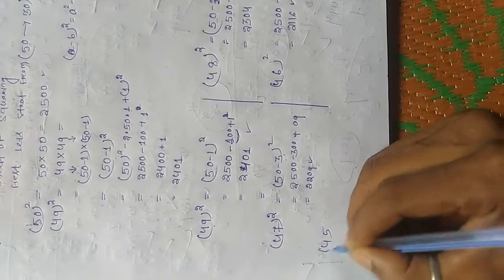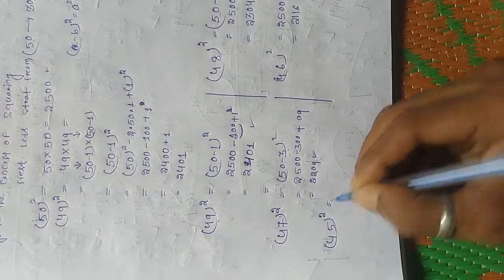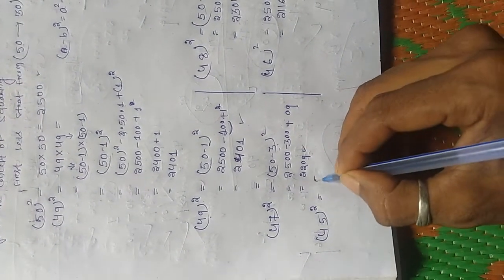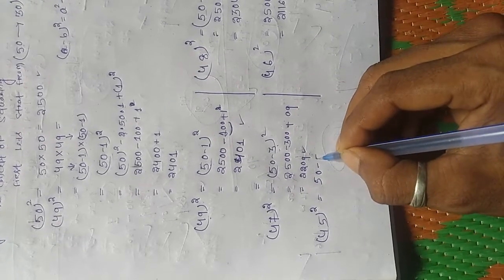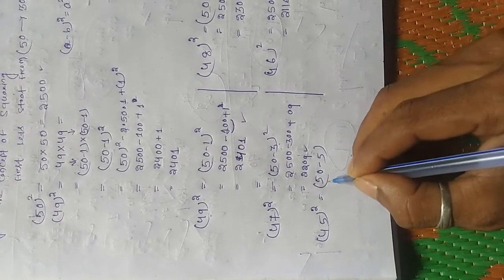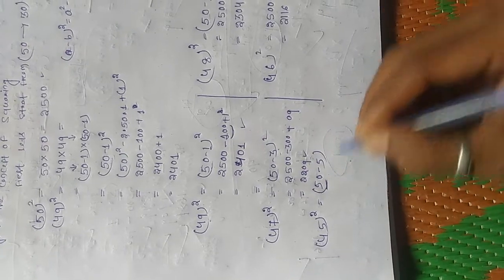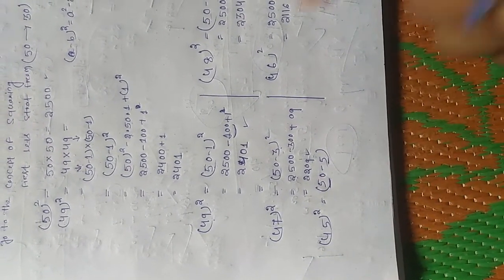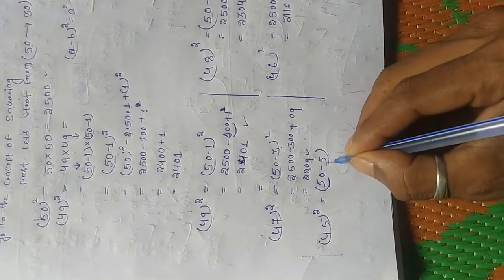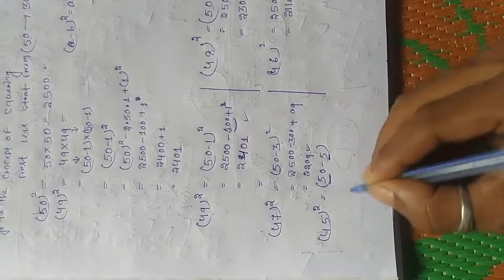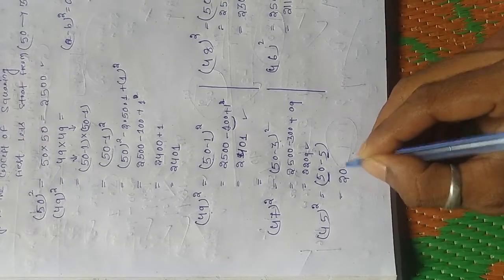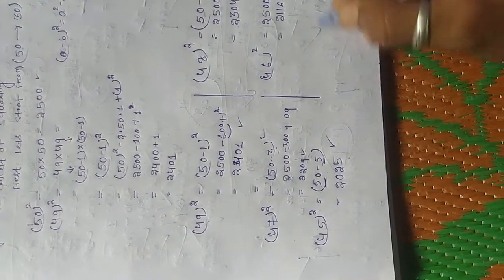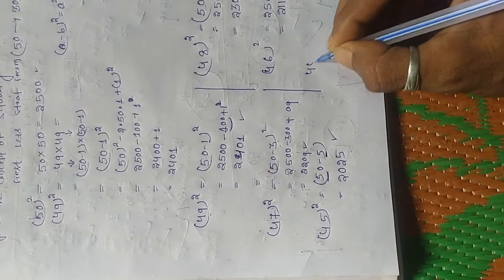Just 50 minus 5. 2500 minus 5 means 500 is 2000, plus 5 square, 25. So 2025.